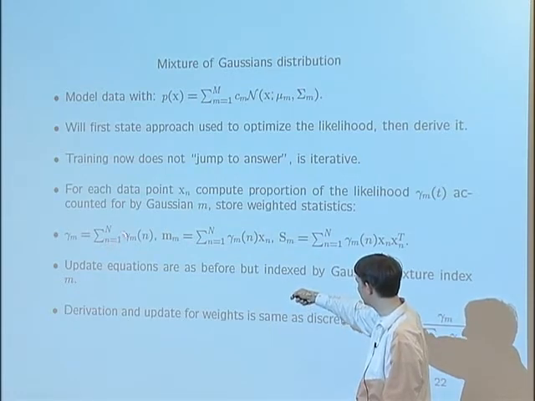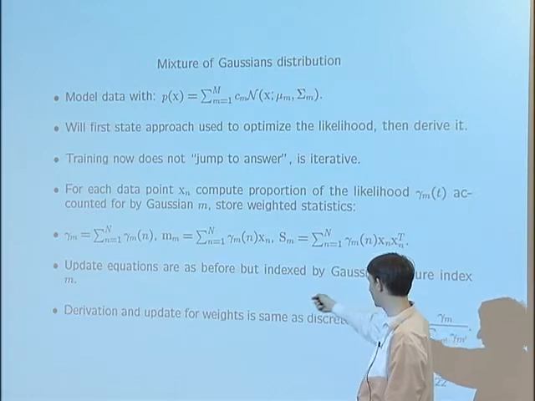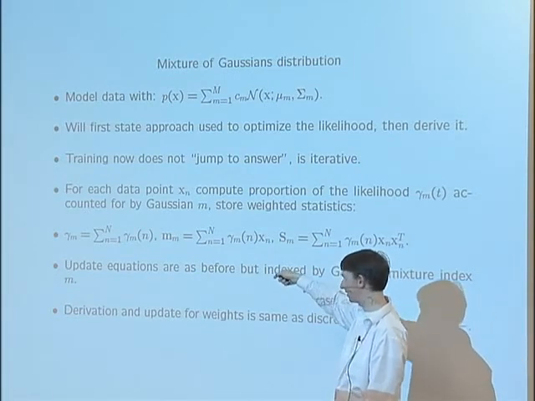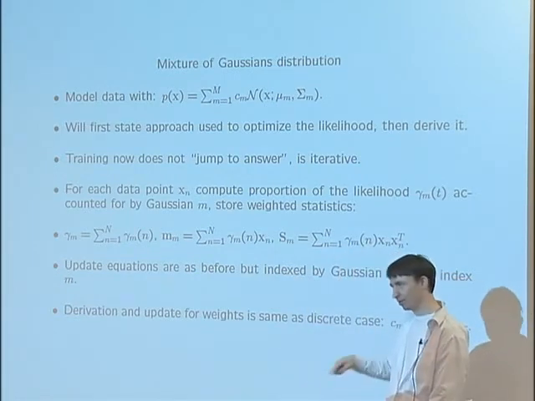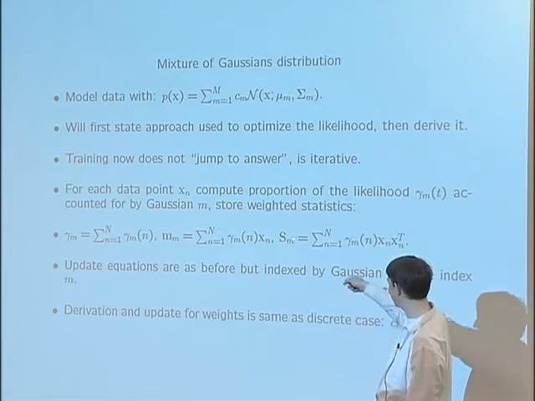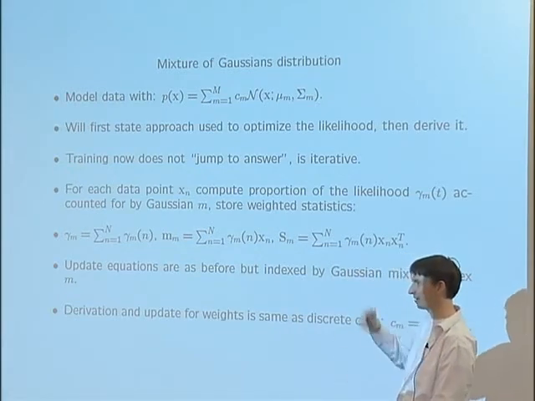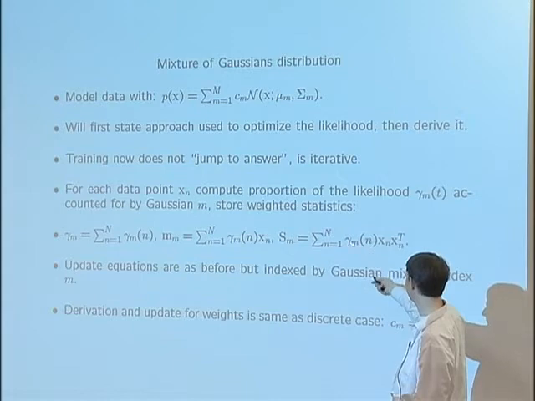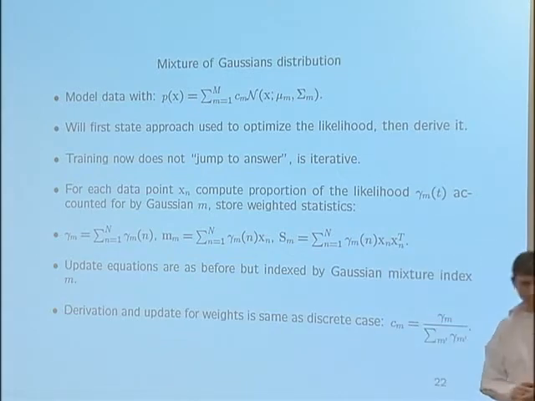And then this M statistic, which was previously the mean, becomes a weighted mean, and this S, which is a scatter or outer product, becomes a weighted outer product. The update equations are just as before, using these statistics.